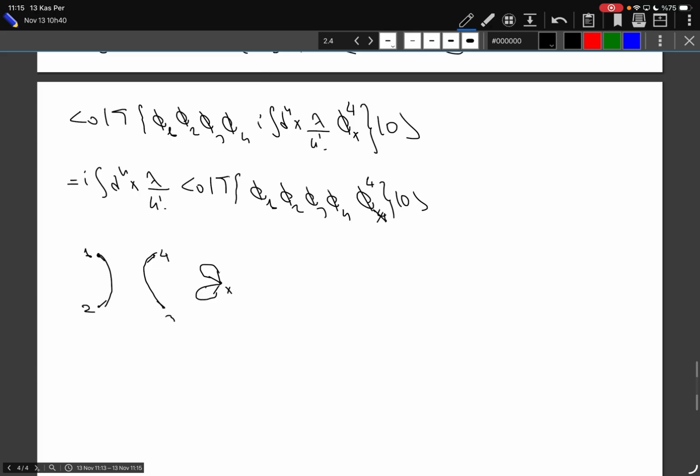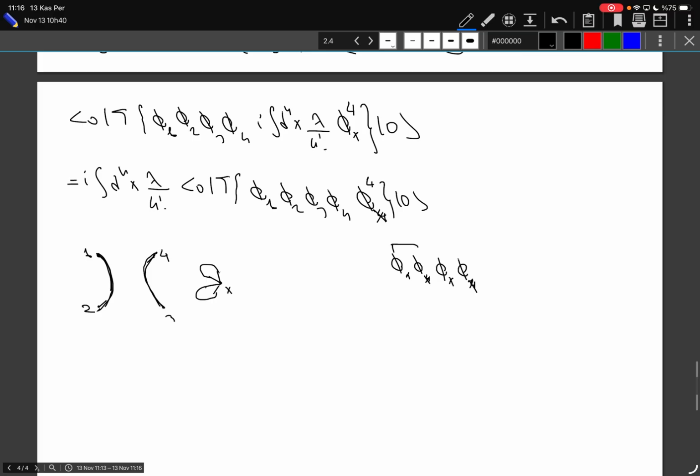There is one possible contraction between 1 and 2, and one between 3 and 4, but let me look at phi x, phi x, phi x. Let me pick the first one.